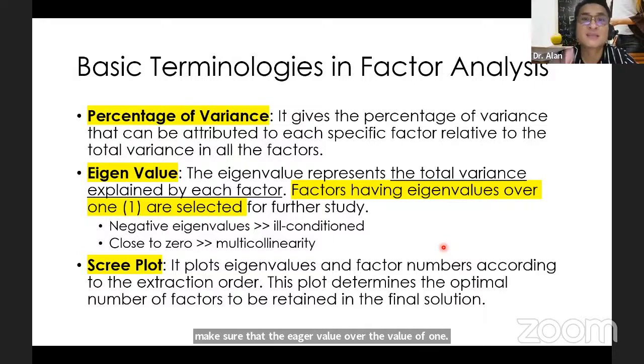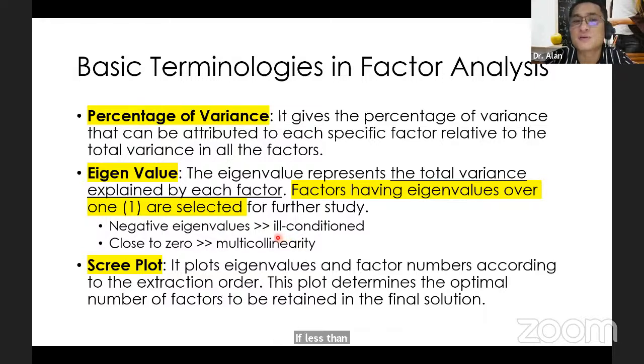That's why I say factors having eigenvalue over 1 are selected for the study. Less than 1, what happens? If close to 0, maybe there is multicollinearity. If negative eigenvalues, it means something is wrong. So this is eigenvalue. Later we will see the output, an example.